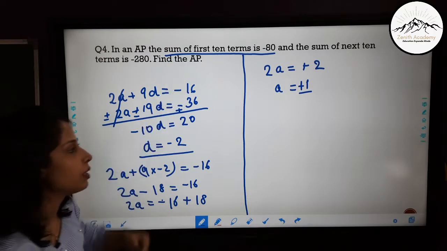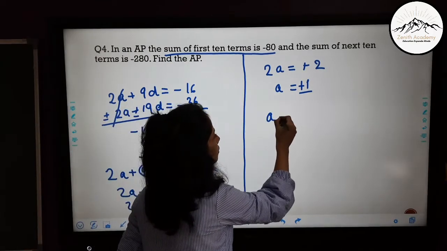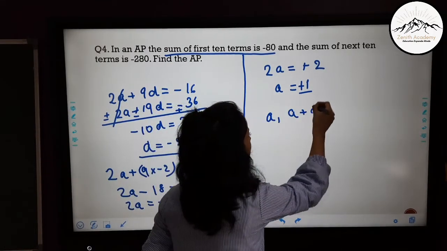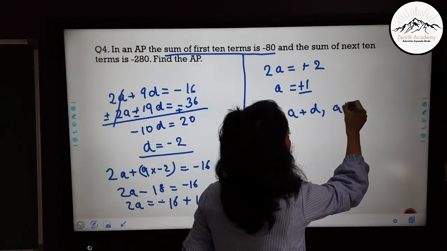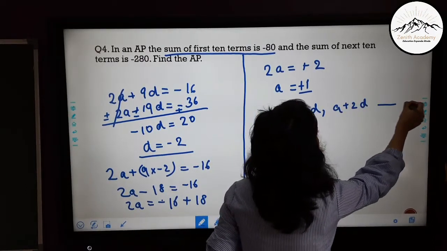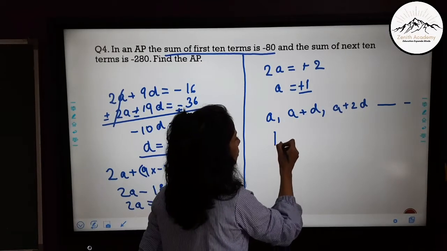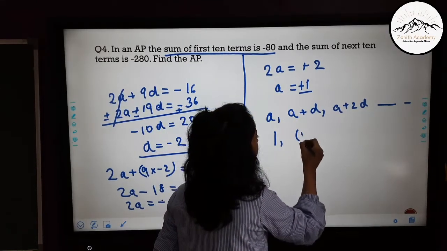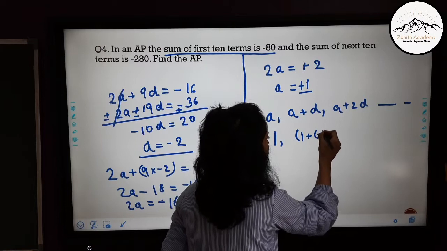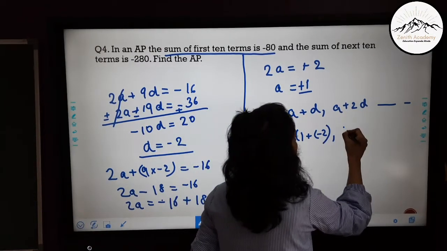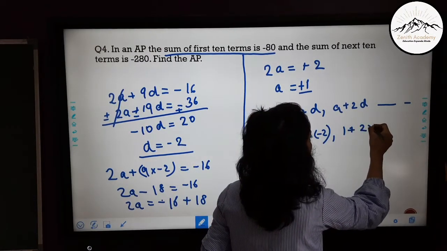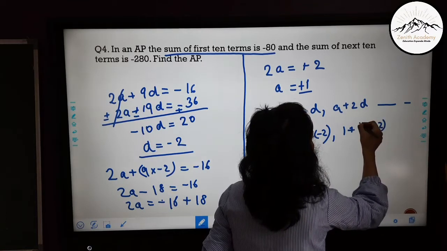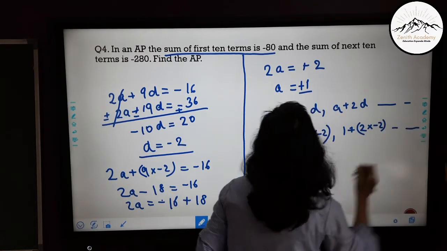We can form the AP. AP is a, a plus d, a plus 2d and so on. So our AP will be 1, 1 plus minus 2, 1 plus 2 into minus 2 and so on.